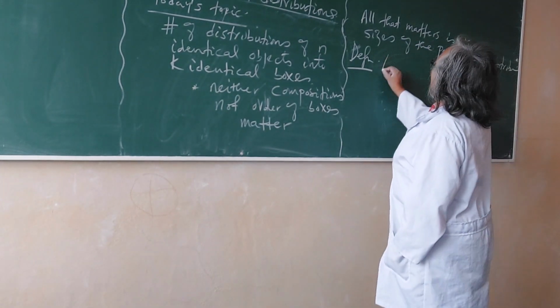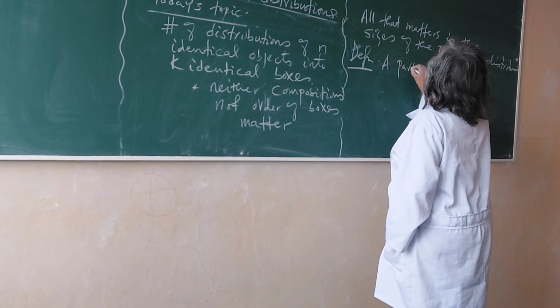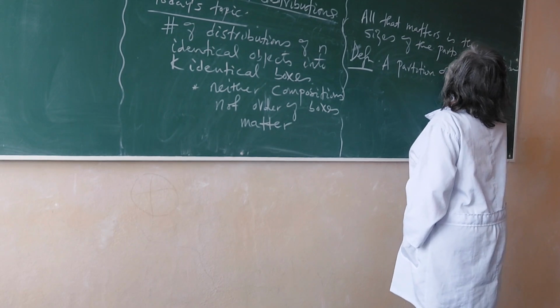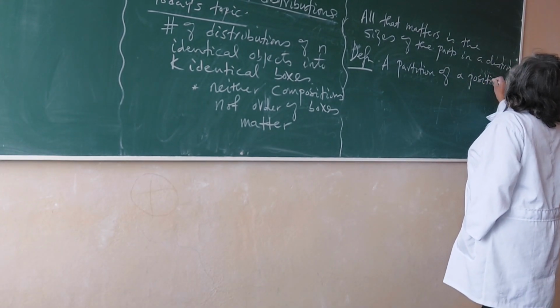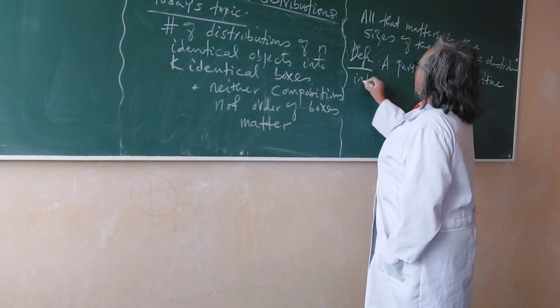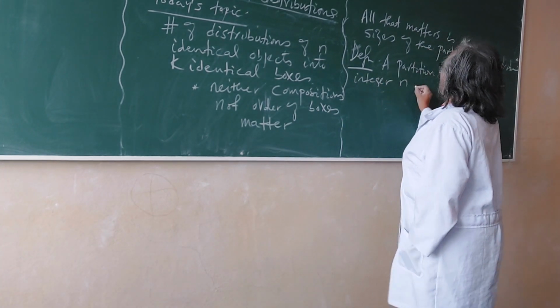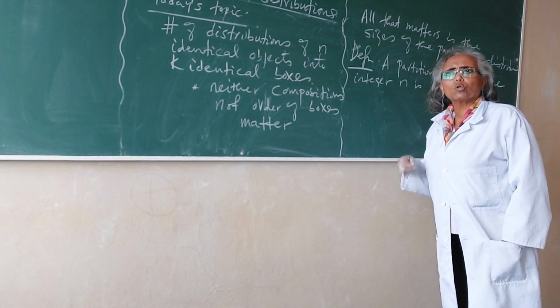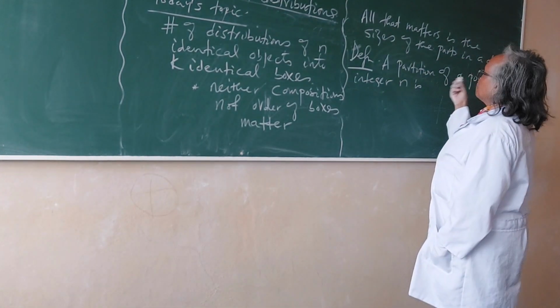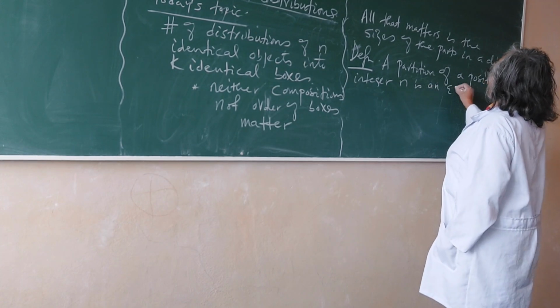Okay, so definition: a partition of a positive integer n, in this particular case, I can take it as a list of numbers or I can take it as an expression.